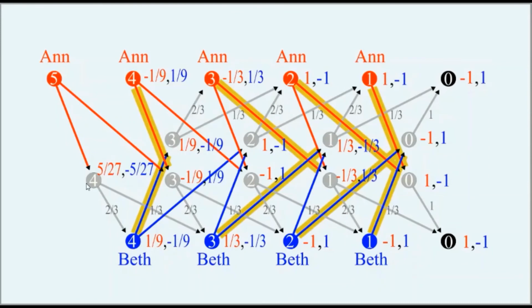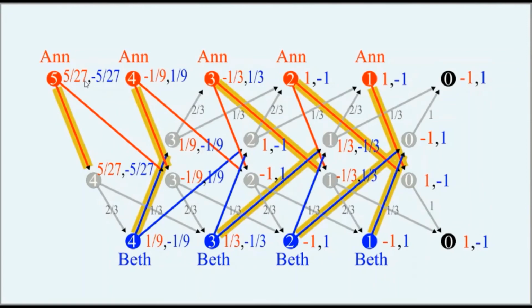Another random move, more complicated numbers for the calculation, but the calculations are exactly the same. Twice expected value calculations. And finally, an n move again. So which one is better? 5 over 27 or -1 over 9? Well, 5 over 27 is positive, so it's obviously the better choice. So we take the whole payoff pattern, 5 over 27, -5 over 27, and copy it here.